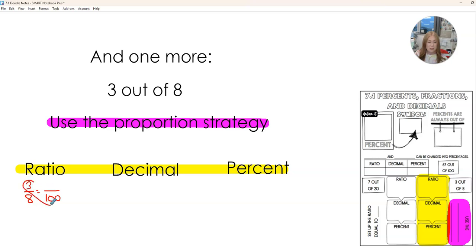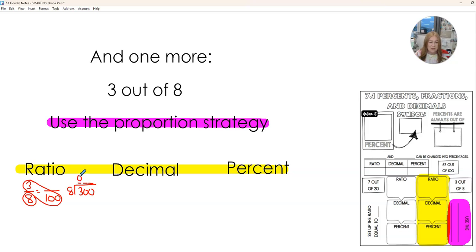We crisscross multiply, which is 300, and then divide that by 8.